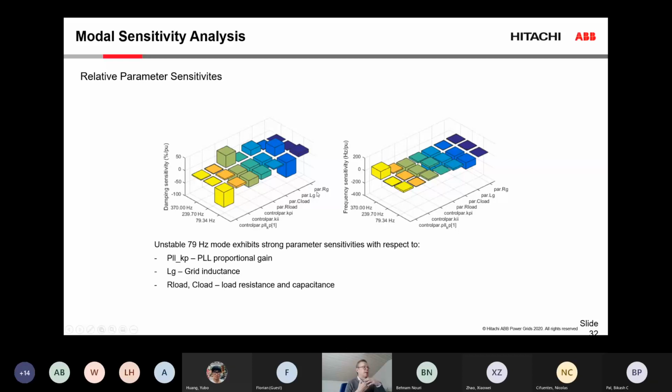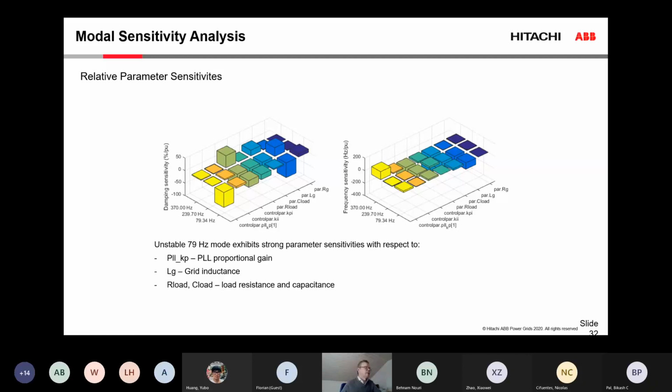So you basically calculate the sensitivity between changes of certain parameter values and the damping to the left and frequency to the right of the resonance modes.